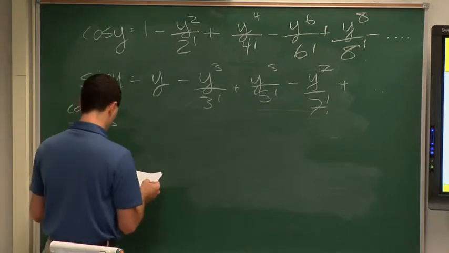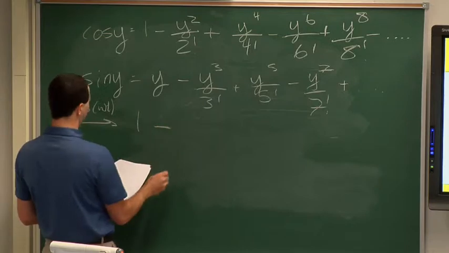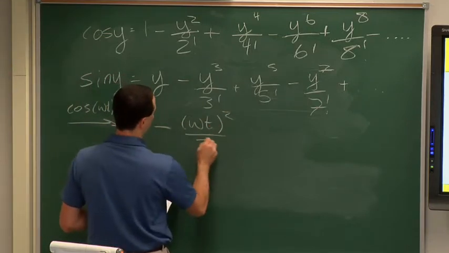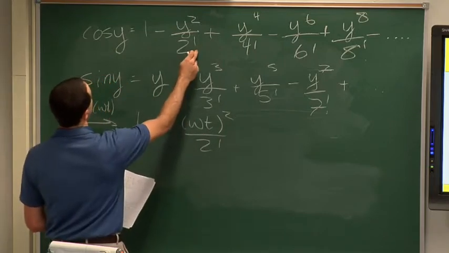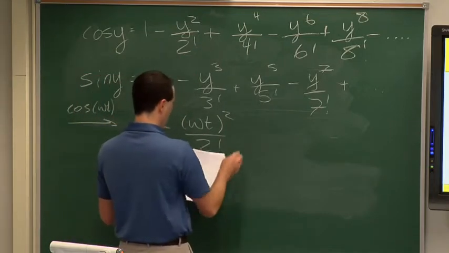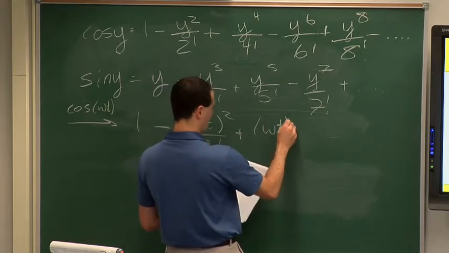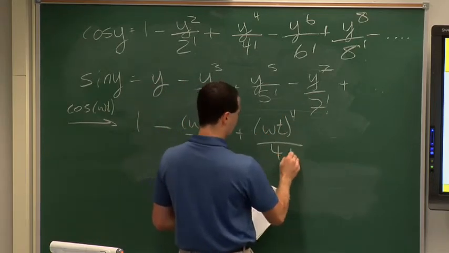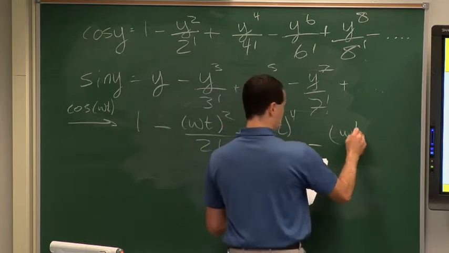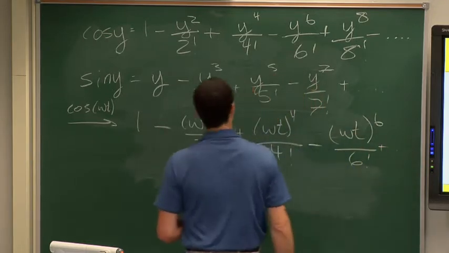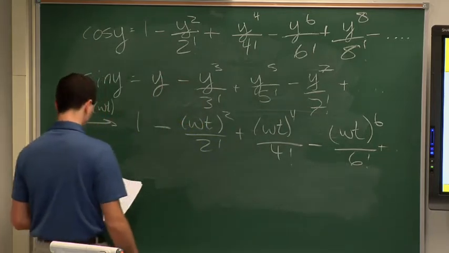We have 1 minus omega t squared over 2 factorial. This is just a direct substitution. Plus omega t to the 4th over 4 factorial minus omega t to the 6th over 6 factorial, and so on.